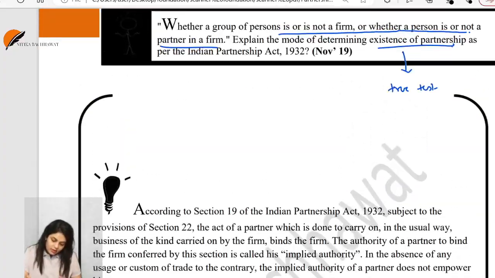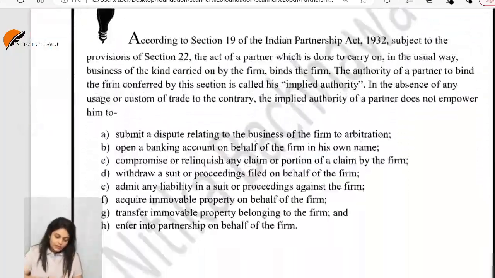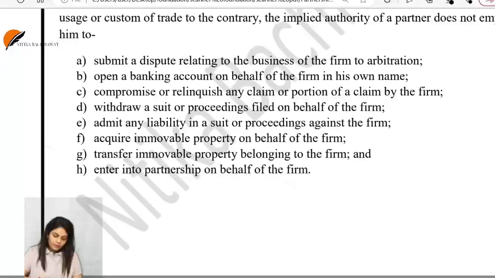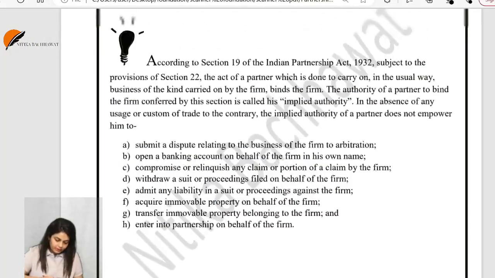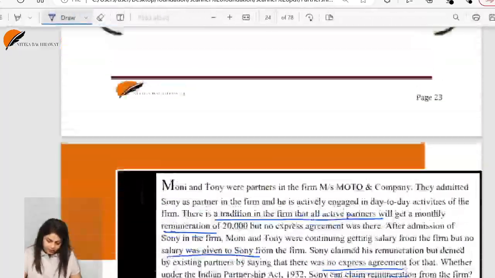Oops, wait. This answer is wrong. There is some error here. Here we have to write about the test of partnership.